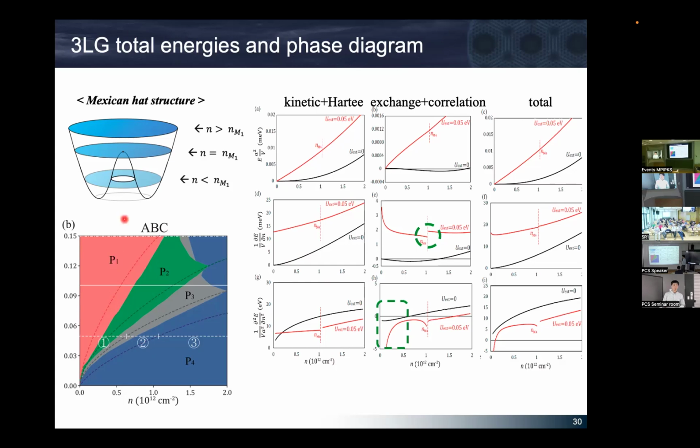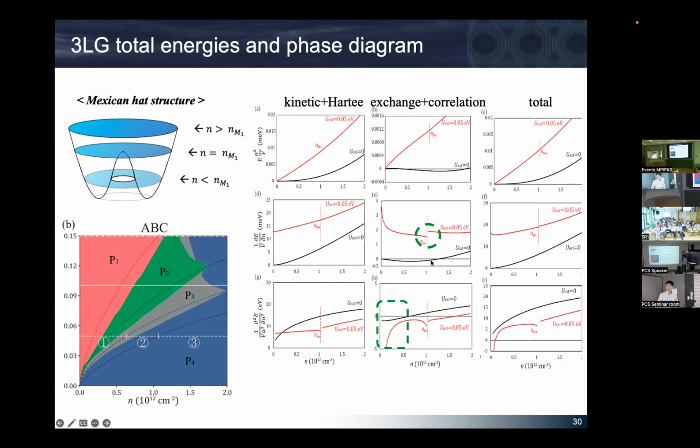Here we are distinguishing the red curve, which has a finite electric field, against the zero electric field. The moment we have an electric field, we expand the region where the inverse compressibility is negative. So all these regions will be favoring polarization of these flavors.